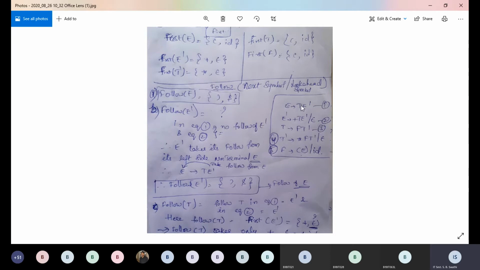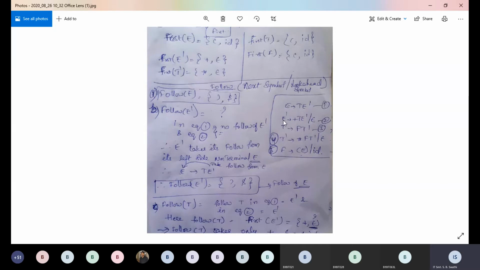Unlike the previous one, where the first symbol was a non-terminal, so we went for the T production and again for the F production, here the first symbol itself is a terminal. Then there is no need to check the remaining production. Blindly we can write plus here, because we need only terminal values. So whenever you use E dash production, it will generate the final terminal values plus comma epsilon. These are the first values for this production E dash.